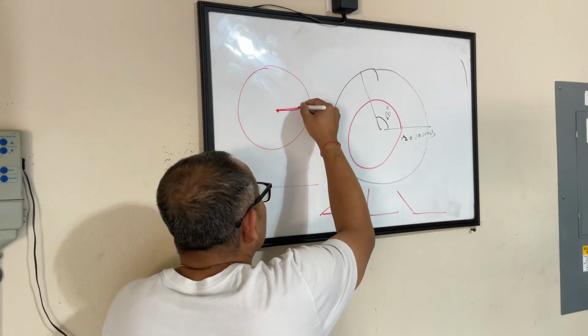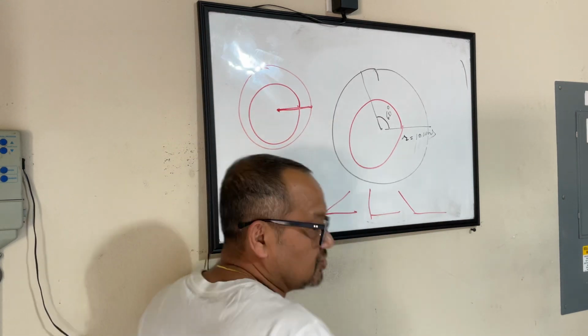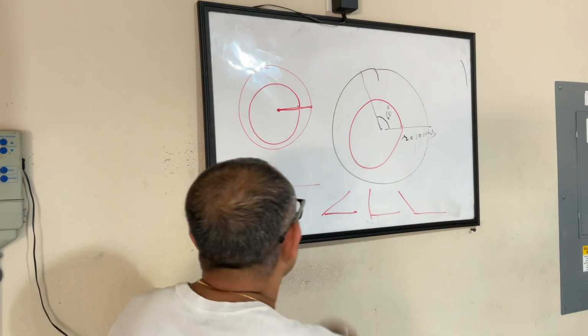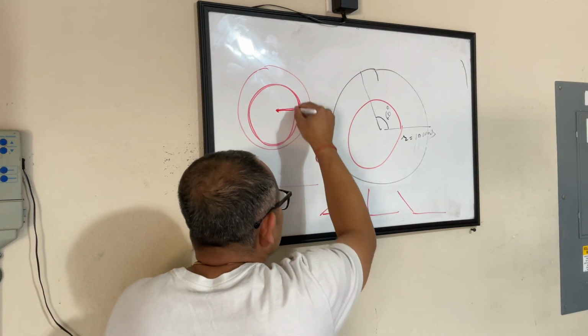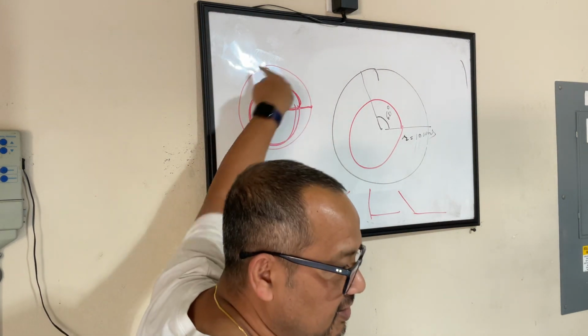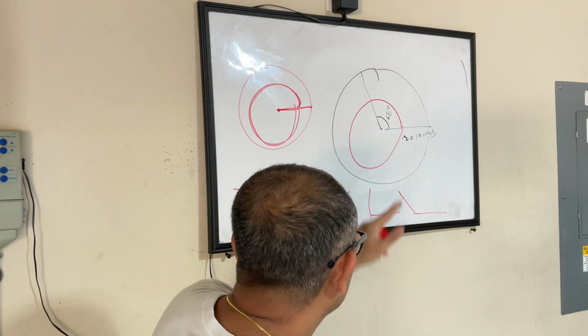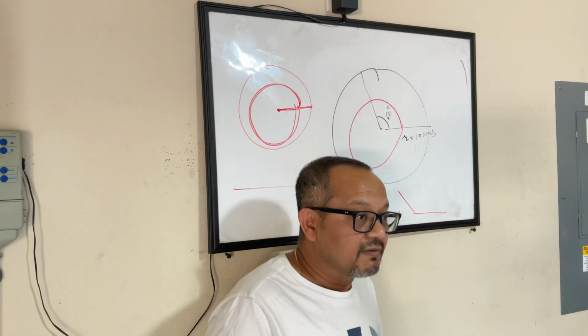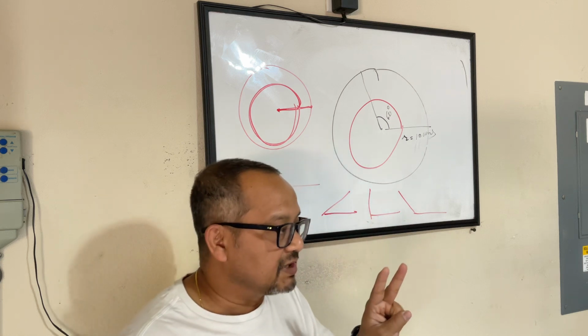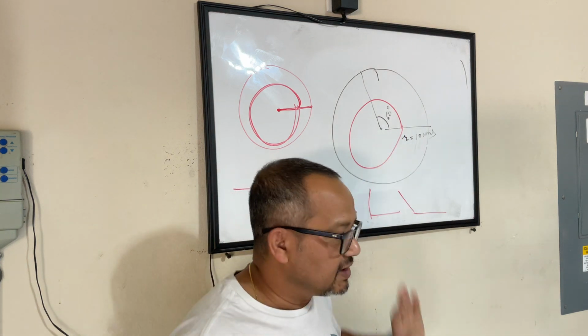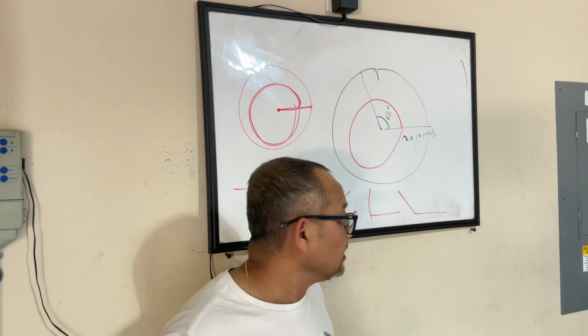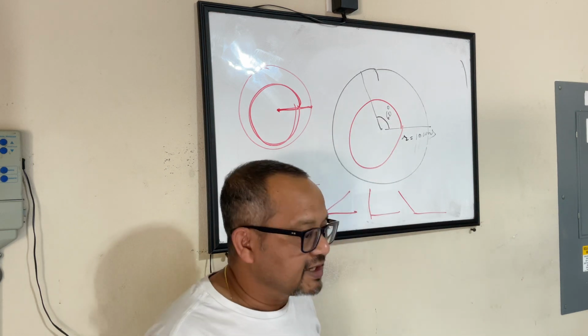For this to look like a complete circle, this blade, or this radius, makes 360 degrees at the center. So that is our second concept. There are only two things that we need to keep in mind. One is radius helps us define the entire circle, and it makes 360 degrees at the center.